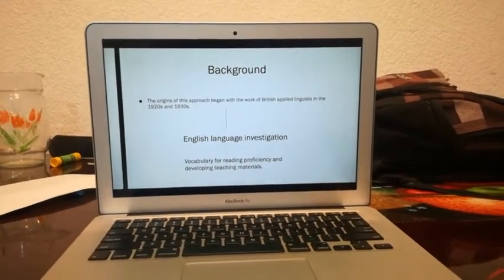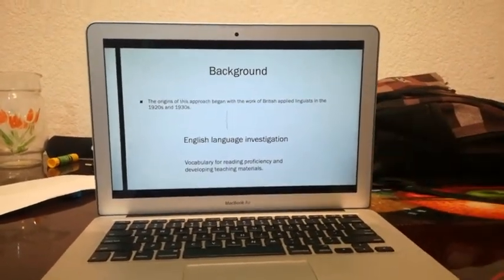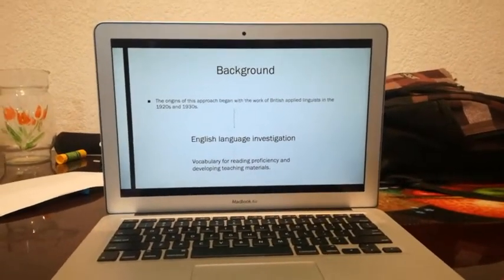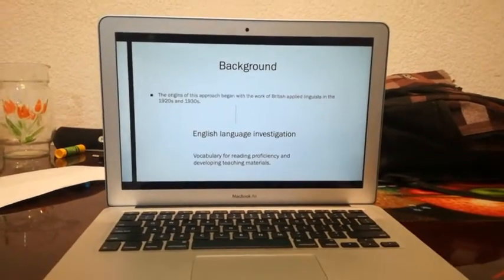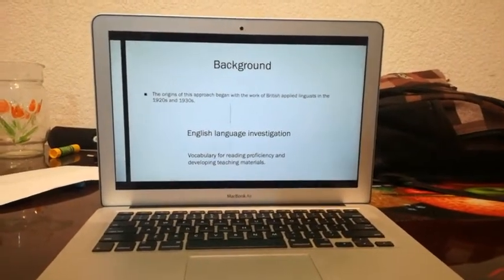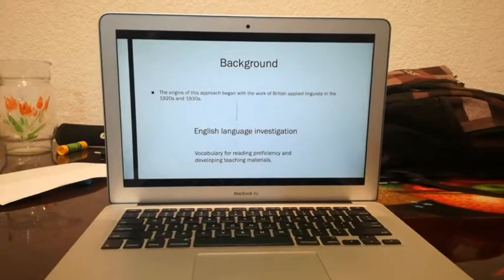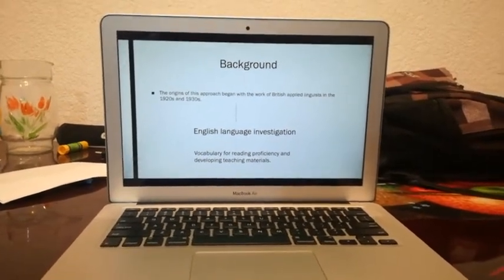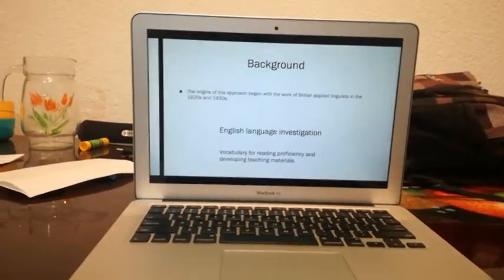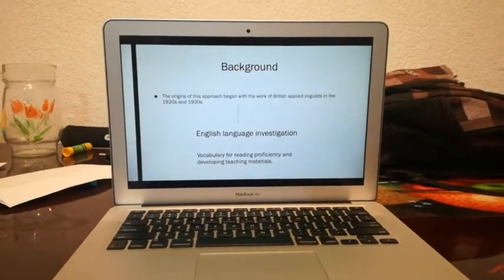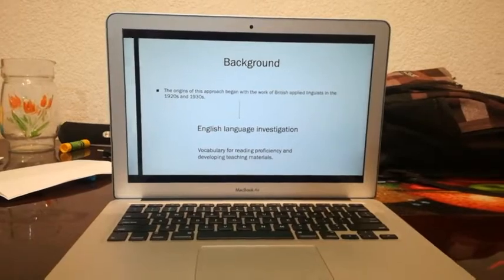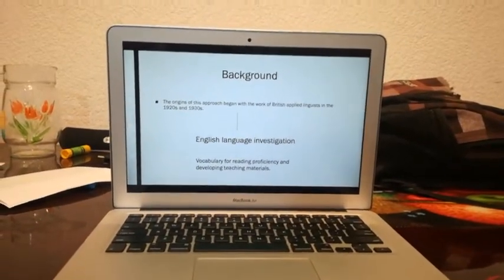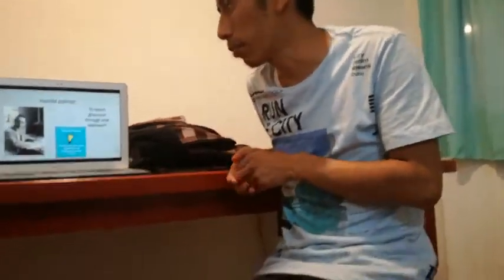As you can see on the slides, the origins of this approach began with the work of British applied linguists in the 20s and 30s. This was English language investigation. This investigation mentioned vocabulary for reading proficiency and developing teaching materials. I think vocabulary and materials are so important in this approach.